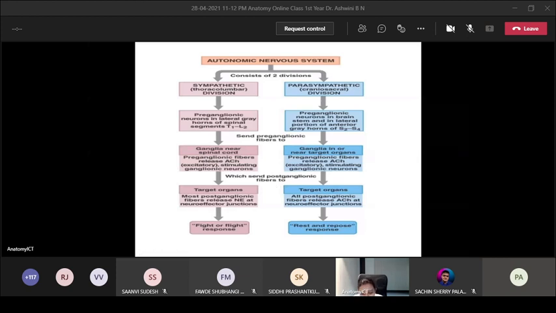Then the motor system, it is supplied by the autonomic nervous system. It is divided into sympathetic and parasympathetic.